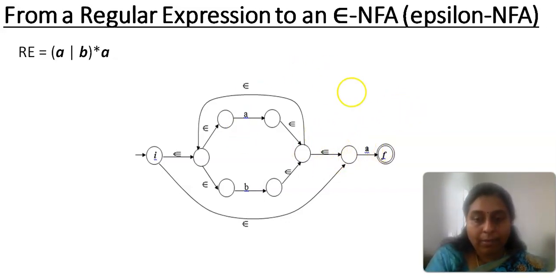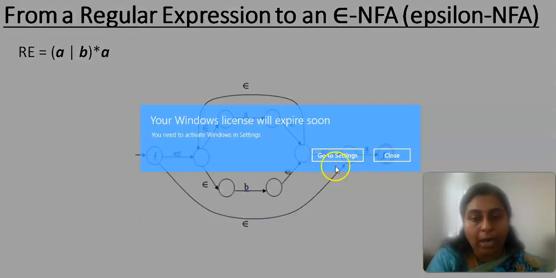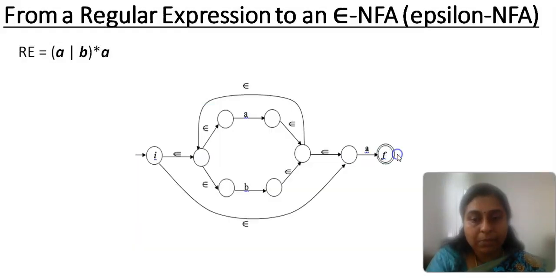And from here we take one more transition to a new state for reading the input alphabet A, and this eventually becomes our final state. So together you can see we have the A or B part, followed by a Kleene closure applied with two arcs labeled epsilon, and then followed by reading one input symbol A, and then leading to the final state.